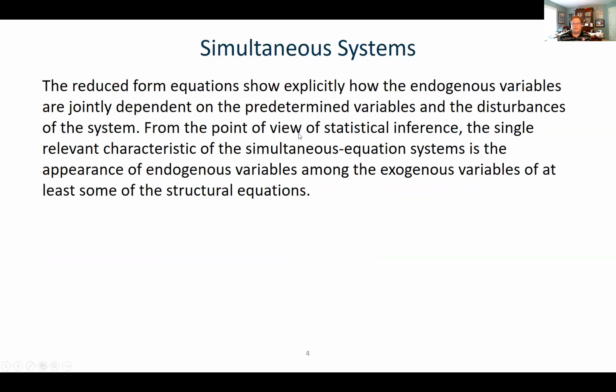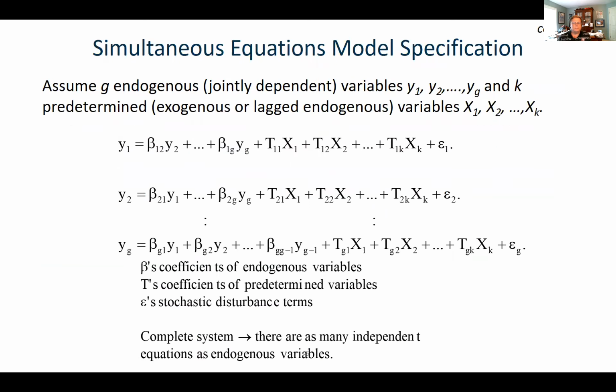So from the view of statistical inference, the relevant characteristic of simultaneous equation models is the appearance of endogenous variables, just as I said, among the explanatory variables or exogenous or predetermined variables in at least some of the equations.